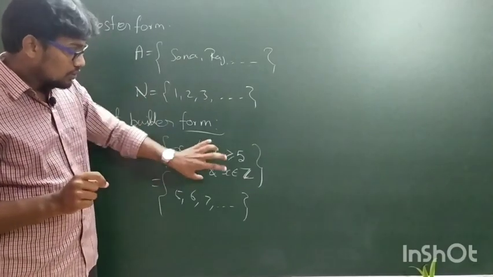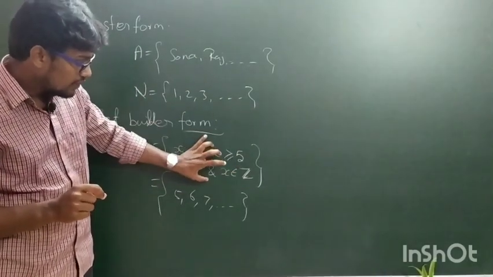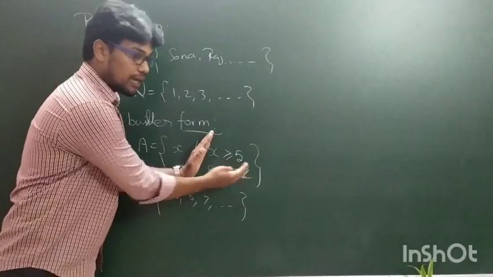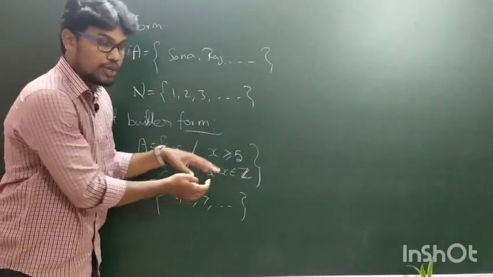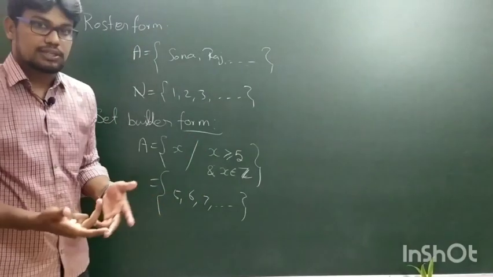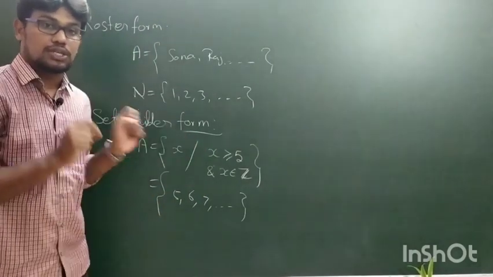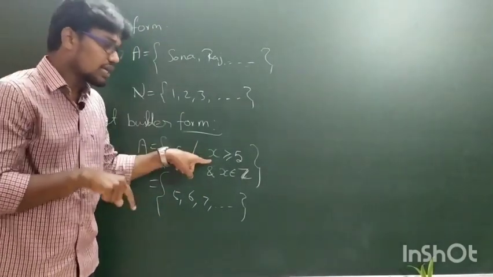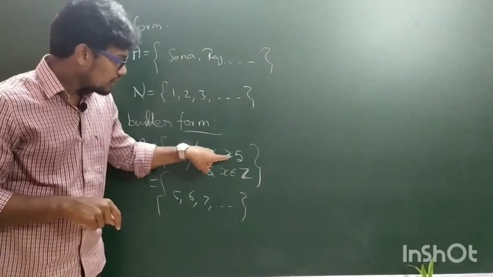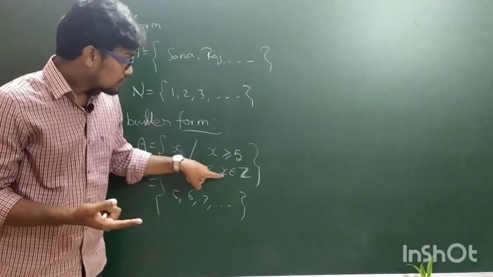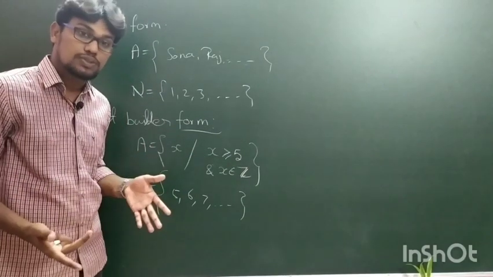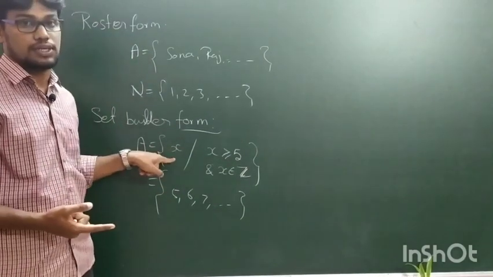The elements which satisfy the given condition, this is like a condition part. After such that, what is given are the conditions. Suppose I ask whether 6 belongs to this set or not. Go and check the condition. Is 6 greater than or equal to 5? Yes. Is 6 an integer? Yes. So 6 will belong to this set.